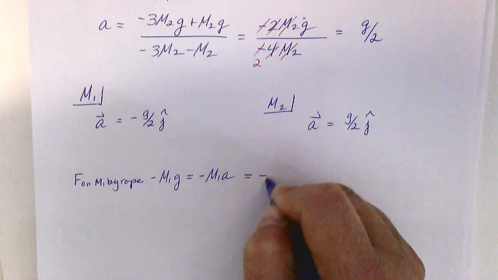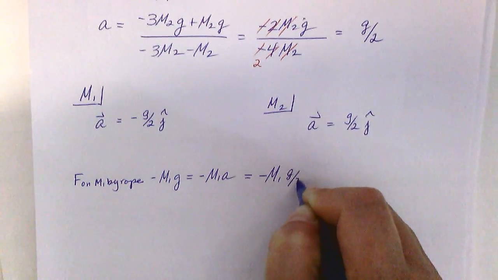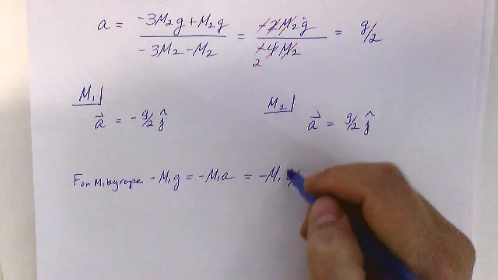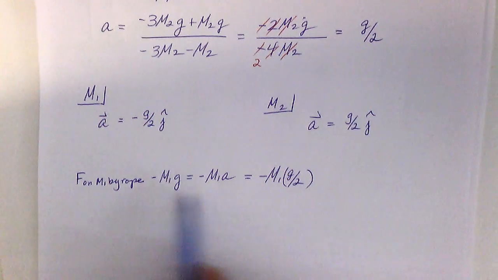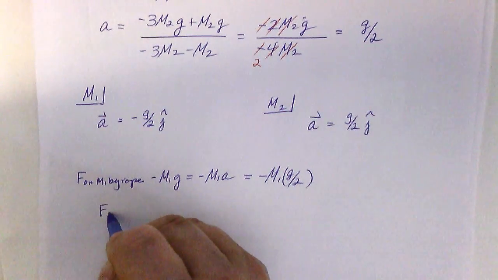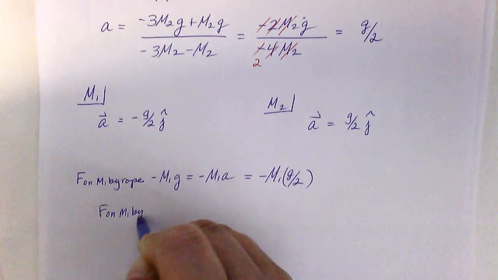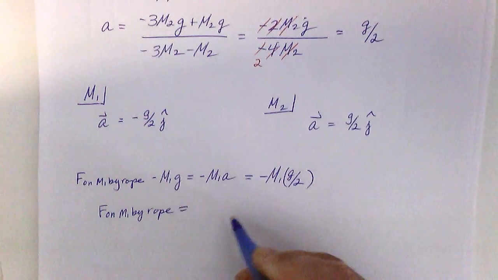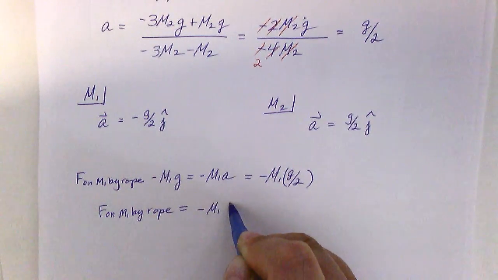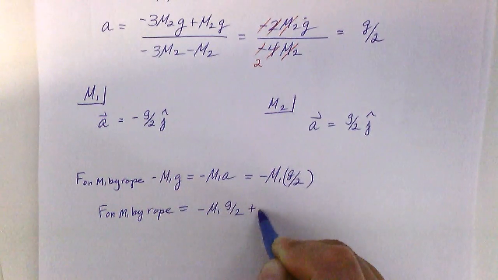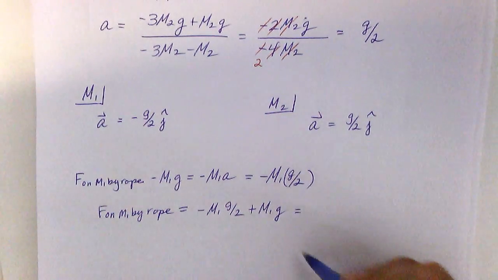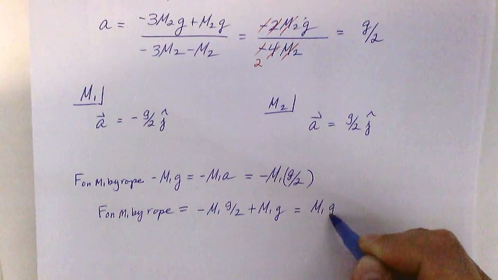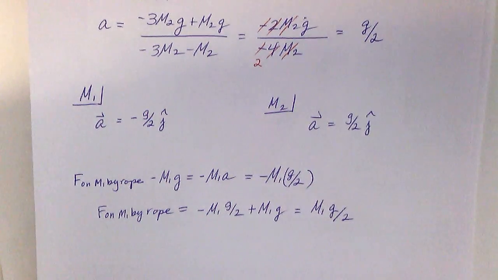So this is equal to negative M1 G over 2. Now I'm going to bring this to the other side, and I end up with F on M1 by rope is equal to negative M1 G over 2 plus M1 G. And what does this give me? It gives me M1 G over 2.